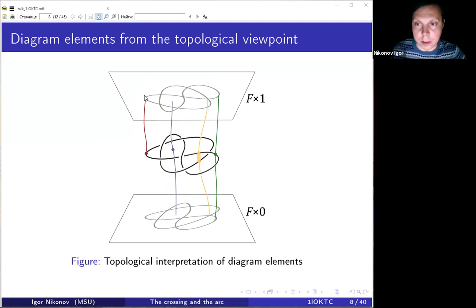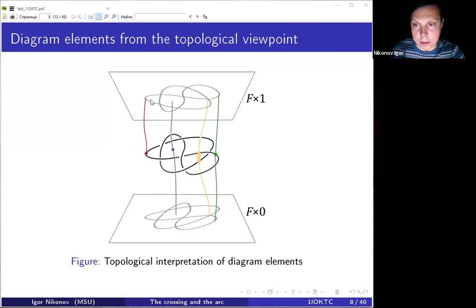For example, if we consider arcs, we can code each arc by a so-called probe, a path. So we consider knots in some thickened surface F. We consider the top boundary of this thickened surface and connect it with a point on the arc.